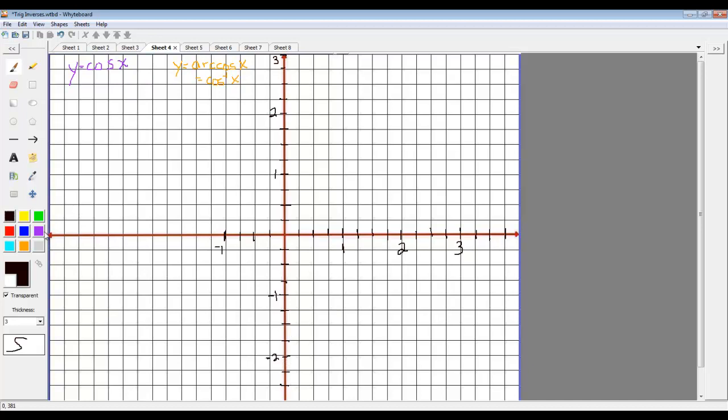Okay, so cosine, we got 0, comma 1. Around 0.52, we've got 0.87. Around 0.79, we have 0.71. Around 1.05, we have 0.5. Around 1.57, we have 0. Around 2.09, we have -0.5.